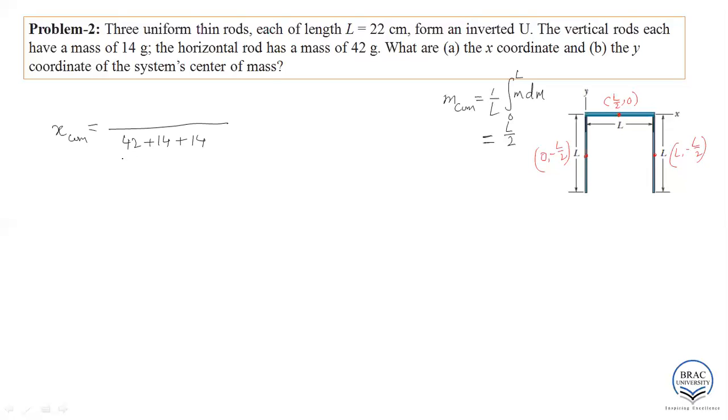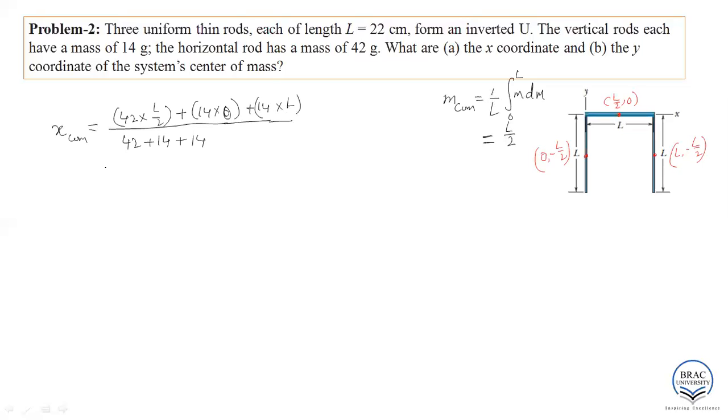The horizontal rod is 42 gram and the perpendicular rods each have 14 gram. From the equation of the x coordinate of the center of mass, this is 42 multiplied by L by 2, the x coordinate of the horizontal rod, plus 14 multiplied by 0, the x coordinate of the left perpendicular rod, plus 14 multiplied by L, the x coordinate of the right perpendicular rod.